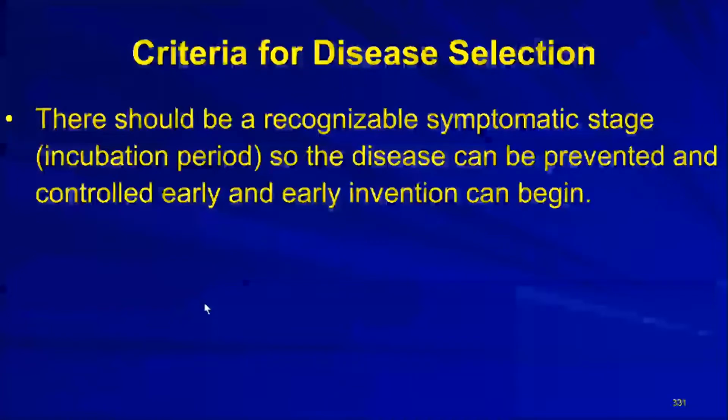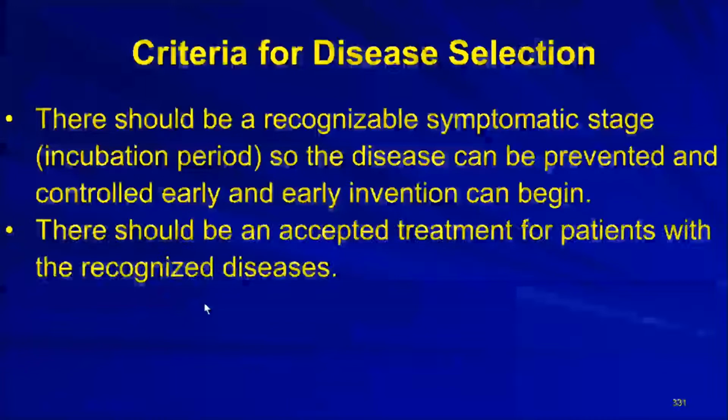This gives you the idea so that we can intervene early, so that a person doesn't have to go through the entire stages of the disease, as I've shown you in other graphics earlier. So if we can prevent and control early or offer an intervention, this is always desirable. And we talked about that there should be an acceptable treatment for patients.